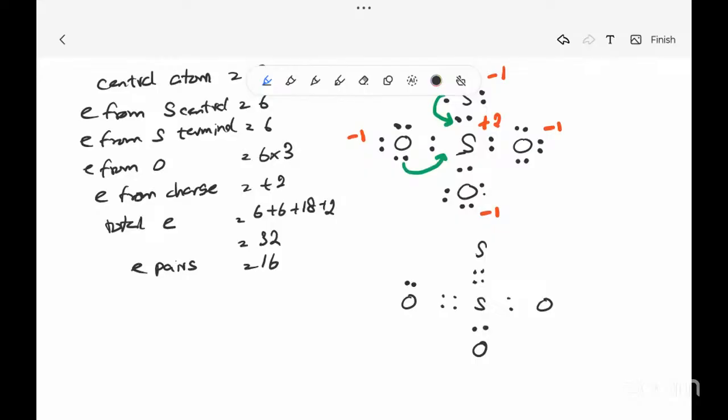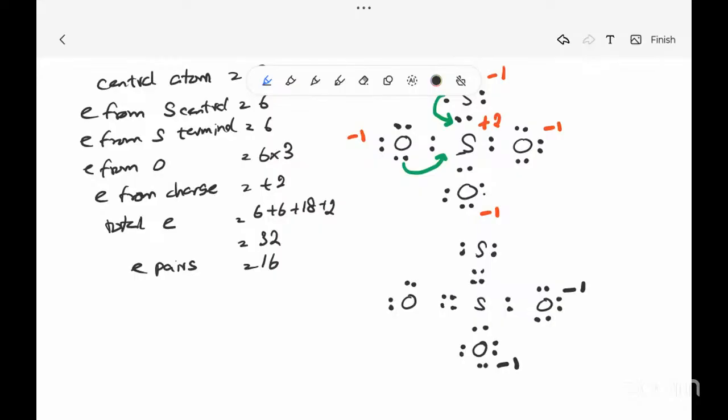We have lone pairs, 2 lone pairs, and 3 lone pairs here, 3 lone pairs here, three lone pairs here. So these have induced -1. This is also -1. Here we can see two lone pairs. So this is the Lewis dot structure for the S2O3 2 minus ion.